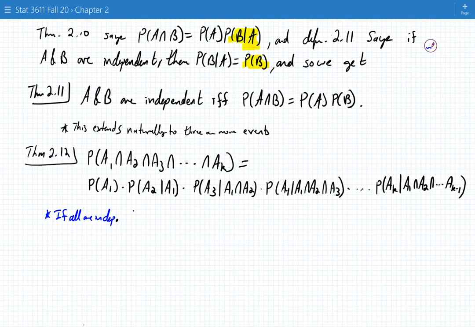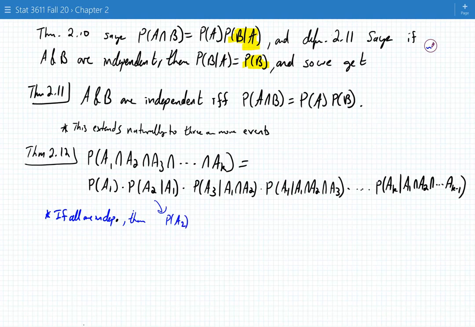If all these events are independent, then what do we know here? Well, we know the probability of A2 given A1 would just be the probability of A2, right? So that would just be probability of A2 if A1 and A2 are independent, right?